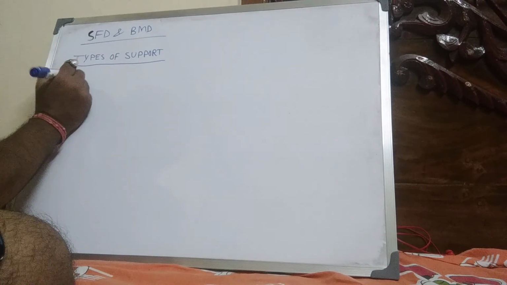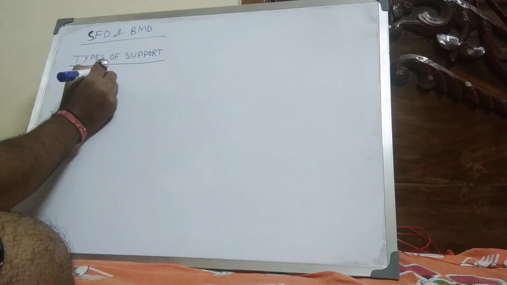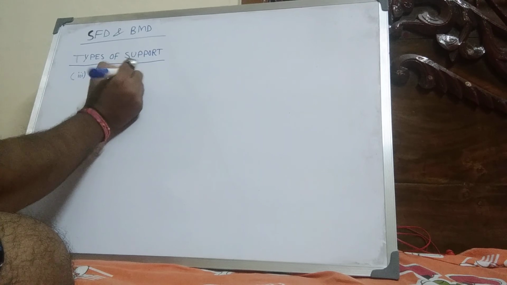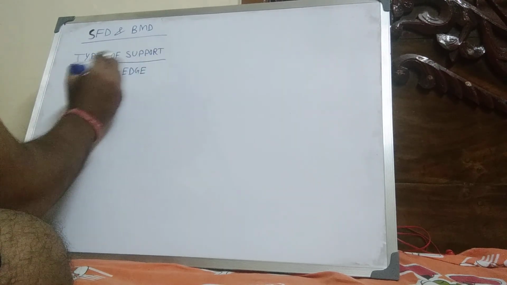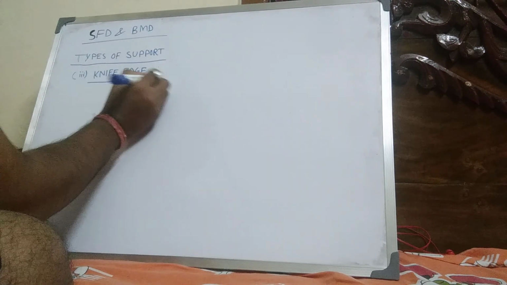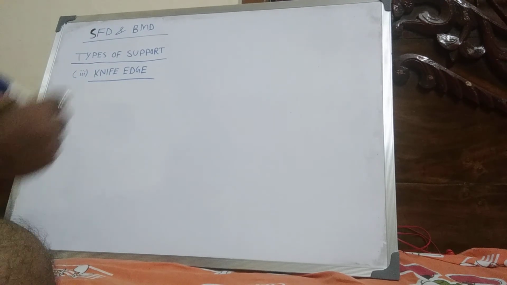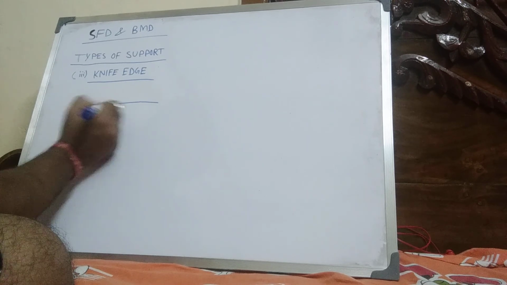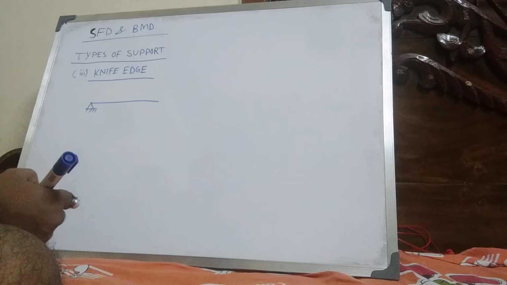Next, third is knife edge support. This is the same type as roller support, but with a small difference.